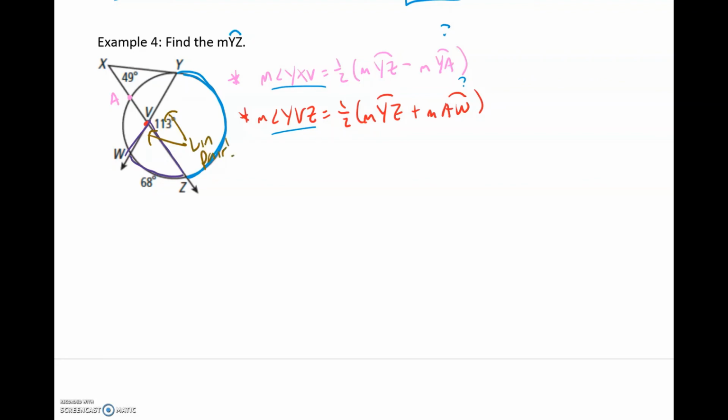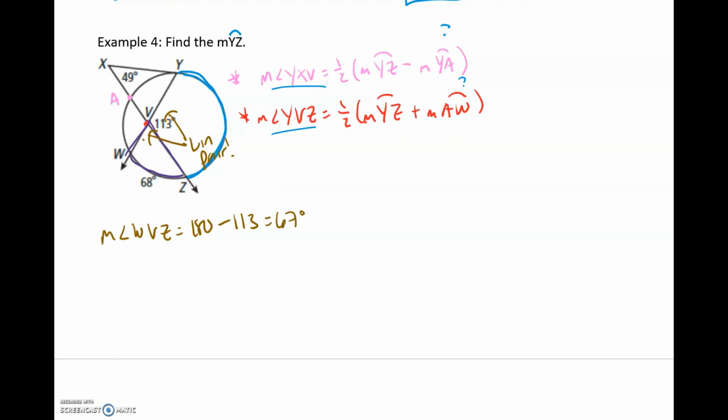So I can figure out angle WVZ is 180 minus 113. And then why would that be important? Hopefully you guys are seeing where I'm going with this. 180 minus 113, which gives me 67. Why would I want that?